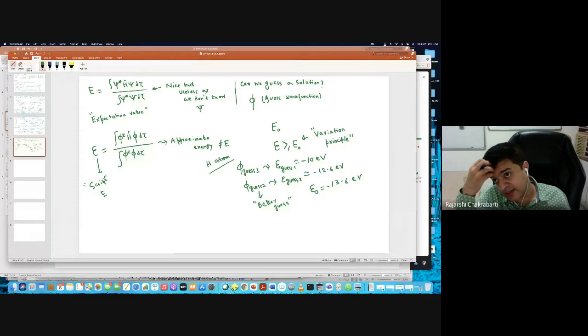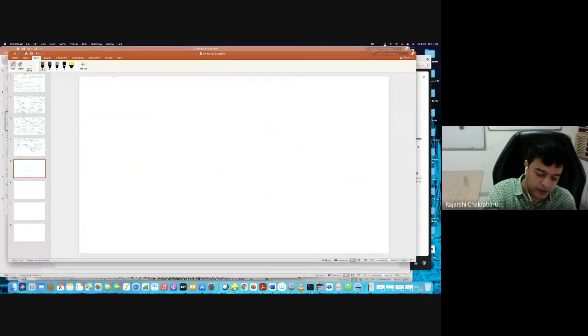So let us concentrate on our problem, the most popular model system, particle in a box. What is the energy for the ground state?